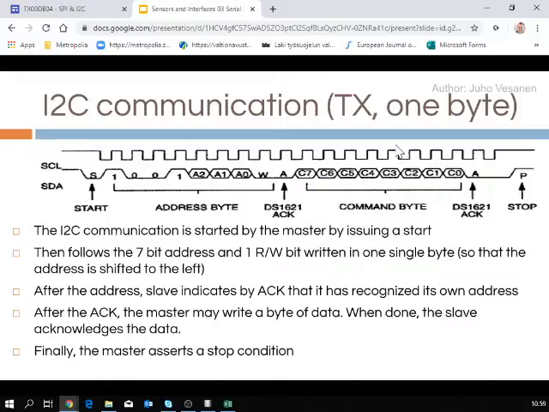Okay. And that one is ended: the data transmission ends when the clock signal is high and you turn the data from low to high. End of transmission. Okay. That's the basic communication of 1 byte.